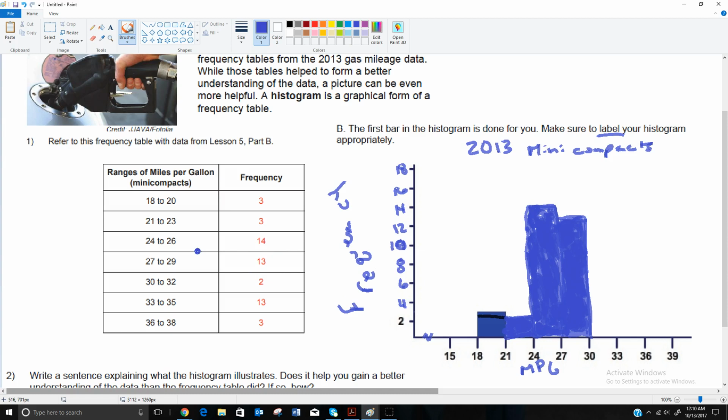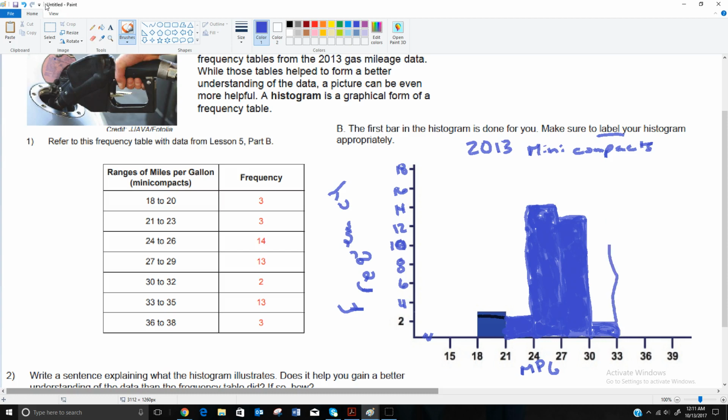Okay, so we've got the 13 now. Next we'll do the 2, which would be even lower than these ones that we had over here. Okay, so we've got a bar of 2. And then we've got 33 to 35 is at 13 again, so it should match up with this one up here.